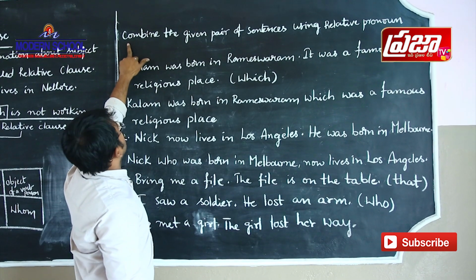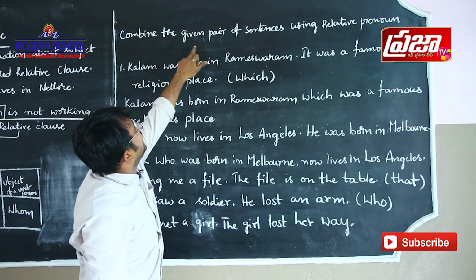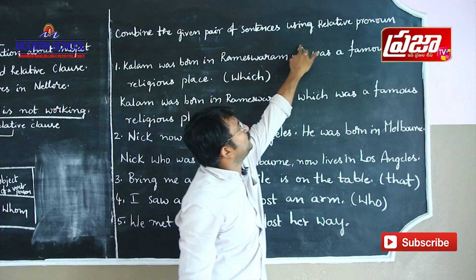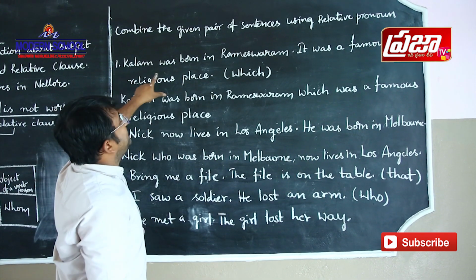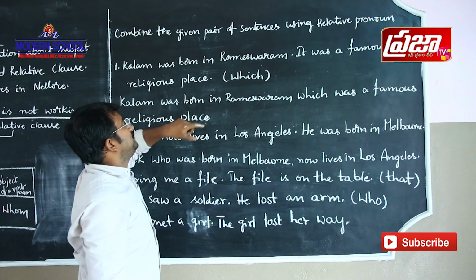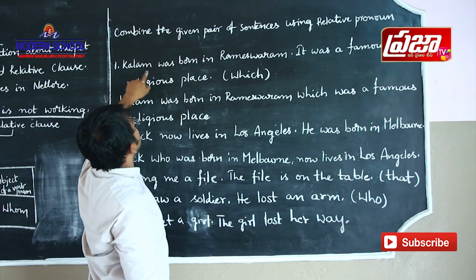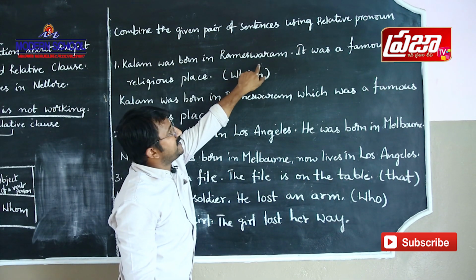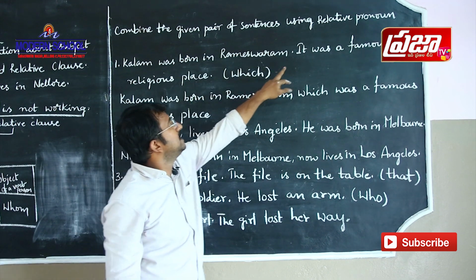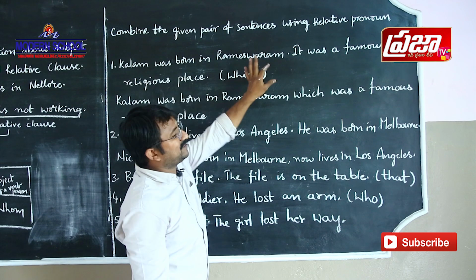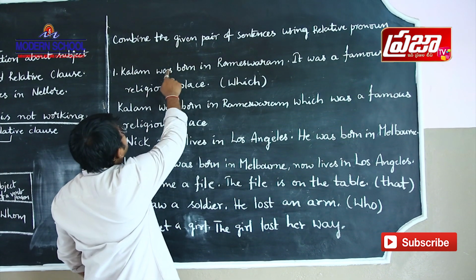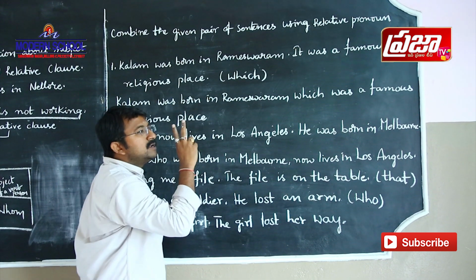Question number 17, Roman question: combine the given pair of sentences using a relative pronoun. So here, how do they give a question in the question paper? "Kalam was born in Rameswaram" is one sentence. "It was a famous religious place" is the other sentence. So how many sentences are there in the given question? Two.